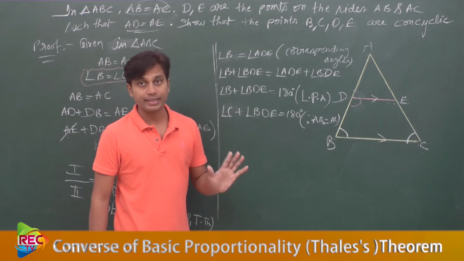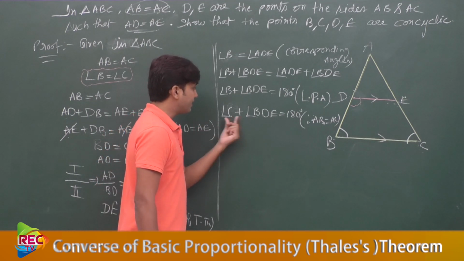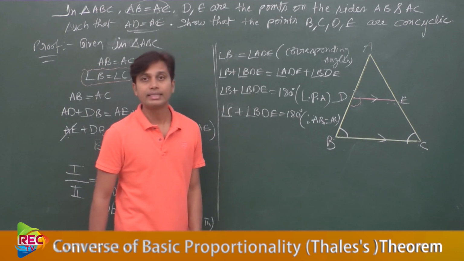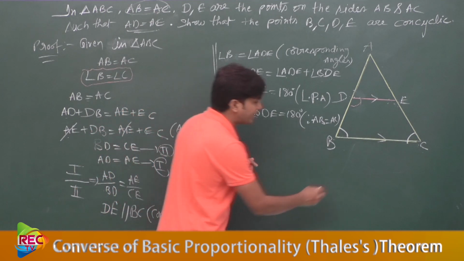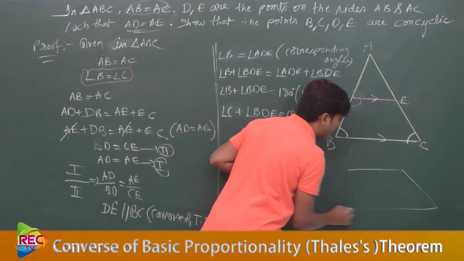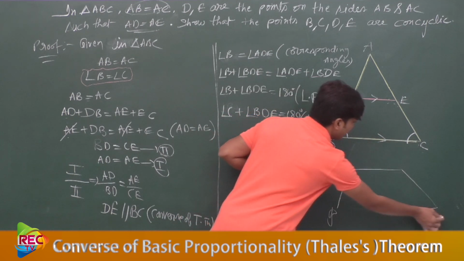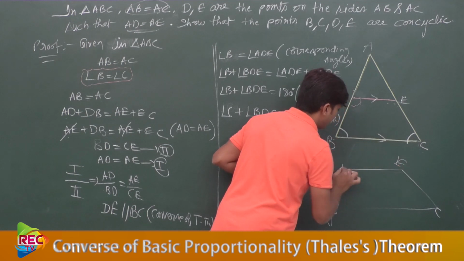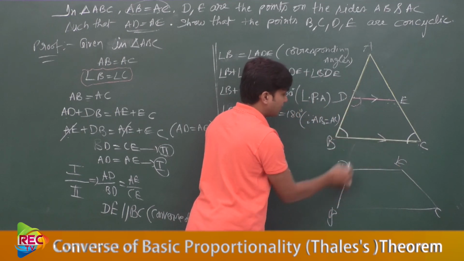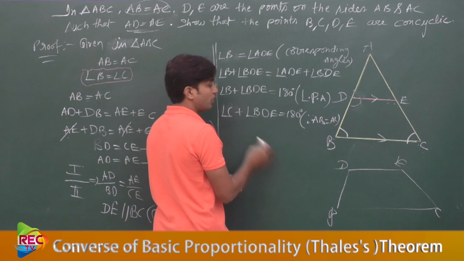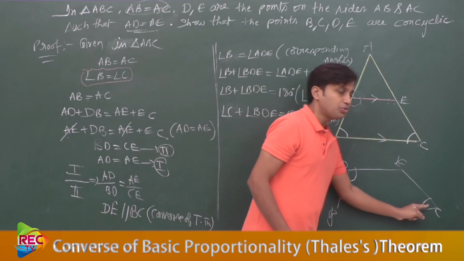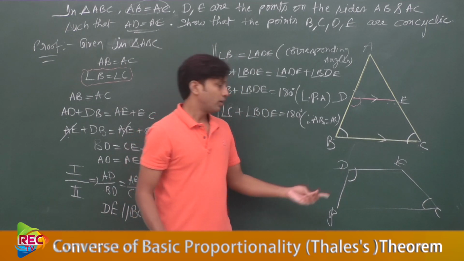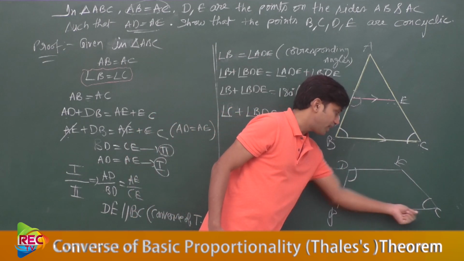Now what did you obtain? Just observe. Here angle C plus angle BDE equal to 180 degrees. Got it? This means, if this is a quadrilateral like this, B, C, E, D, then angle C means this one, and angle BDE means this one. The sum of these two is 180 degrees, which means opposite angles in this quadrilateral are supplementary.